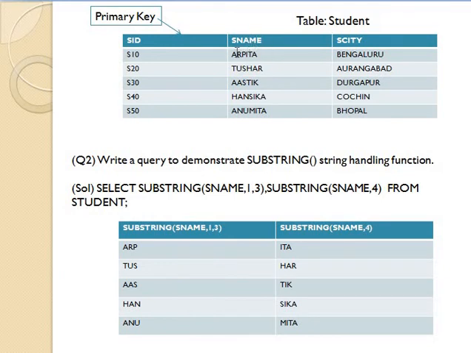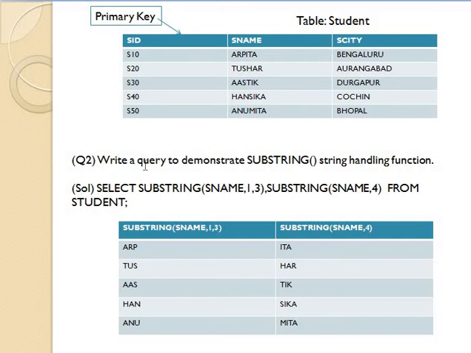So for the entry Arpita, I could retrieve part of the string, that is ARP, using this substring function. And again for the entry Tusar, I could retrieve part of the string, that is TUS, using this substring function. So using these functions I could retrieve part of the string for each of these entries of the sname column in the table student.